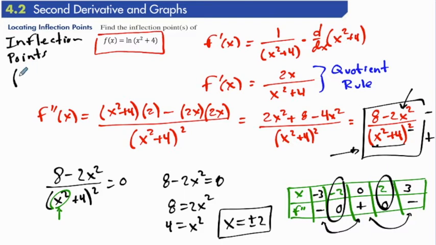So I have an inflection point at -2, comma. If I plug -2 into x, that gives me 4. So this is log of 8. And then if I plug +2 in, I get log of 8 again. So this is my answer for my 2 inflection points for this example.